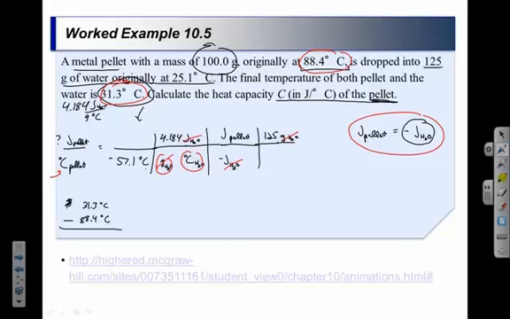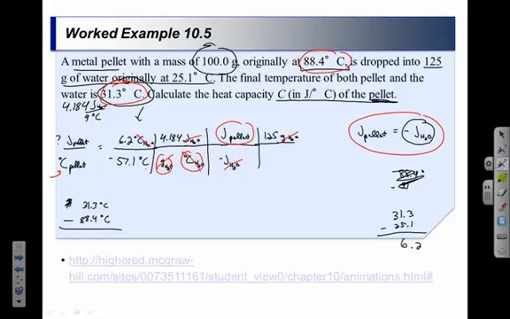The water started at 25.1 and ended at 31.3, so 31.3 minus 25.1 is 6.2 degrees Celsius for the water. Now that cancels, so I've got the energy.